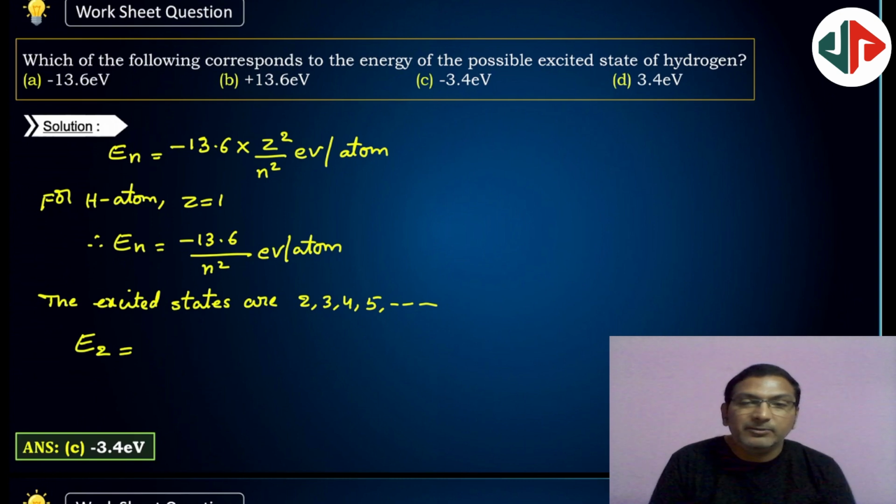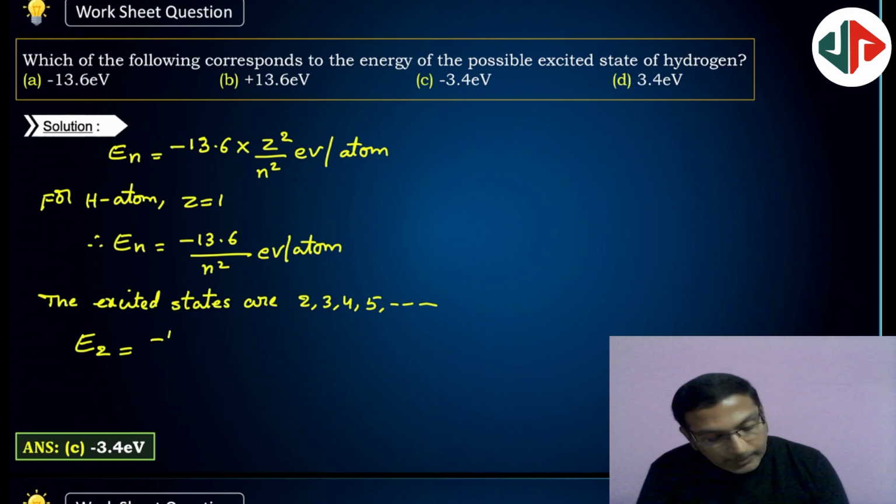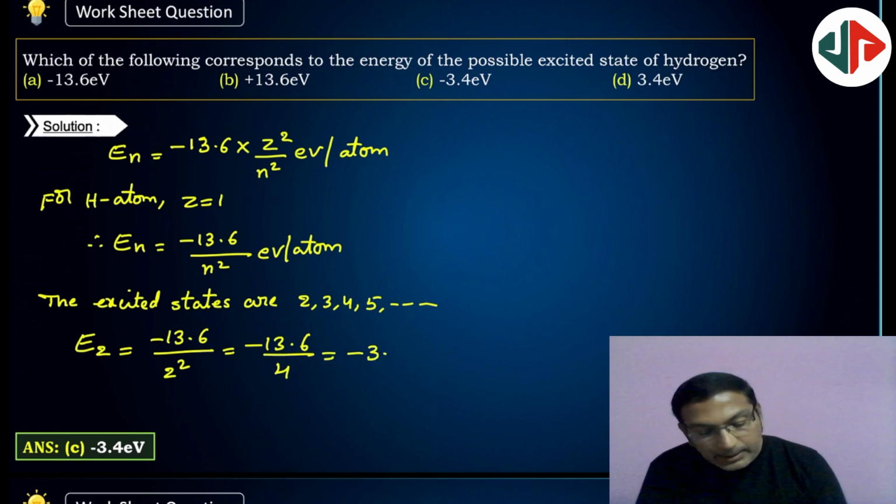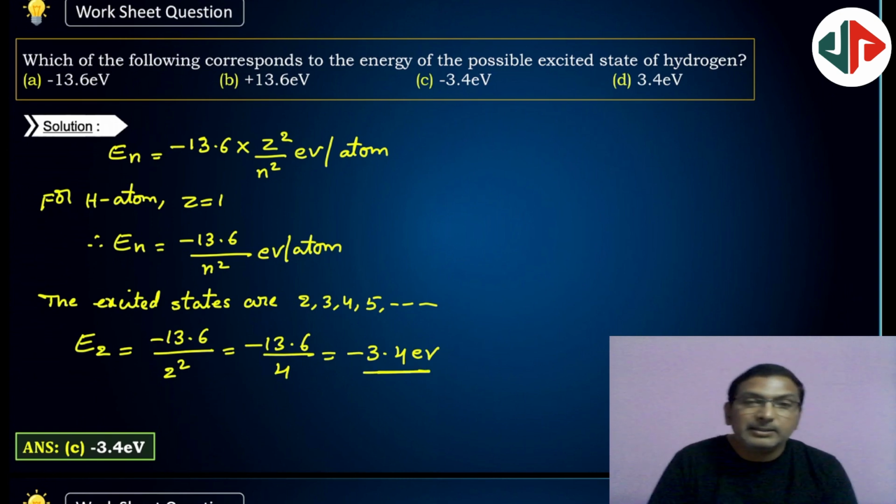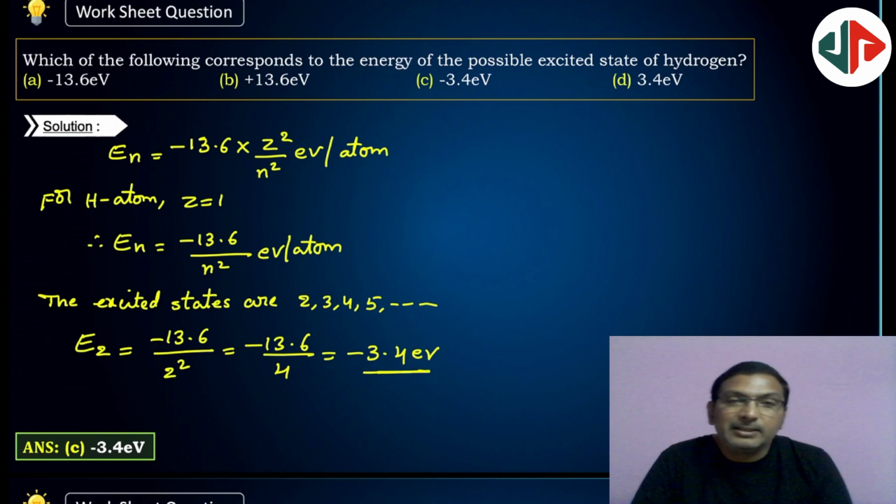E2 is the energy of the first excited state, E3 the energy of the second excited state, E4 the energy of the third excited state, like that. So E2 is minus 13.6 by n square, that is 2 square, minus 13.6 by 4, which is minus 3.4 electron volts. This is the energy of a possible excited state of hydrogen.